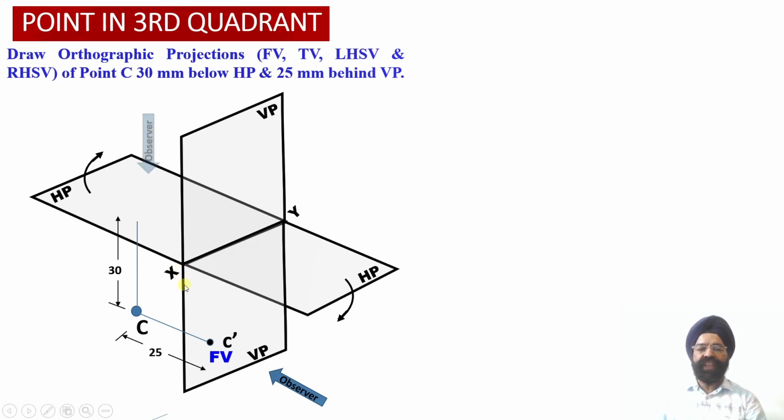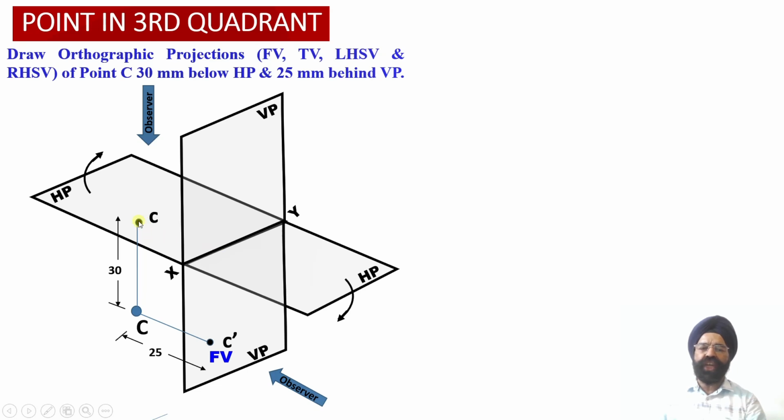Now when the observer is going to look at this object from the top, once again this portion of the horizontal plane will lie in between the observer and the object over here, and the top view projections of this point C will be available onto the horizontal plane behind the vertical plane over here.